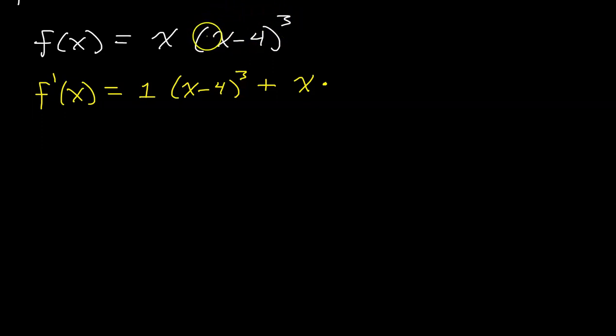So first, the outer function, we will use the power rule and bring this 3 to the front and decrease by 1. But then chain rule says you multiply by the derivative of the inner function. Well, the derivative of x minus 4 is just 1, which I didn't really need to write. So this is what I have so far.